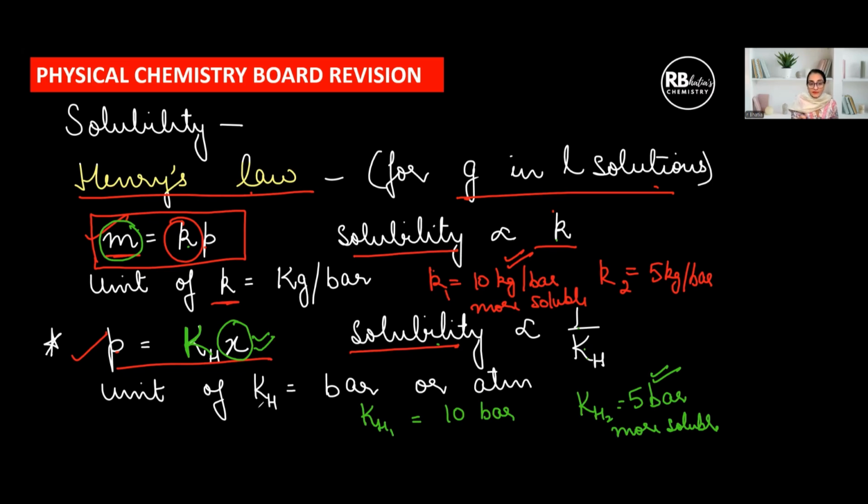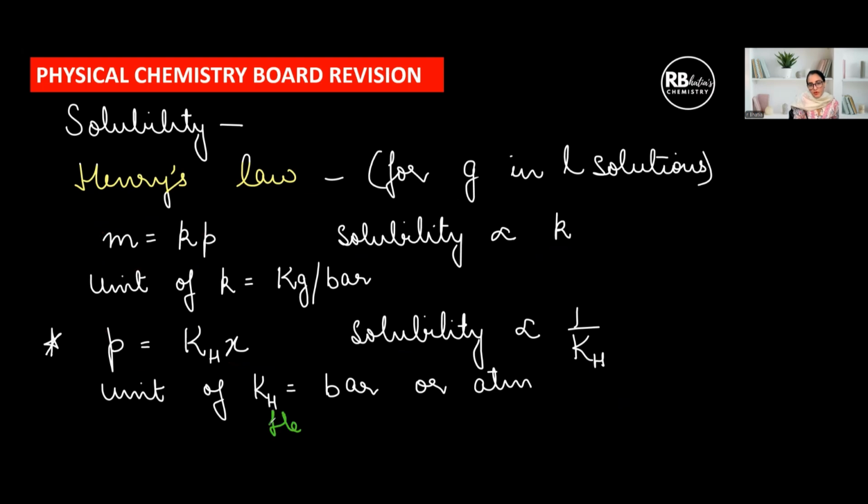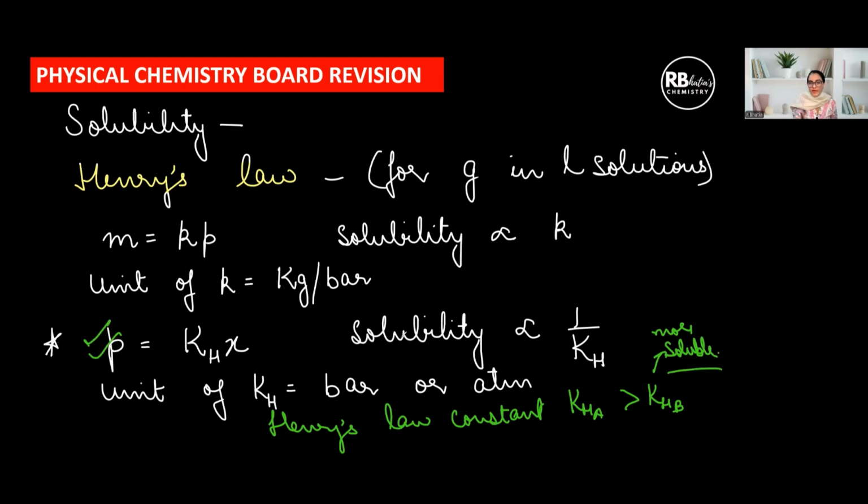And in case nothing is mentioned, if they simply tell you the Henry's law constant, no units, nothing, and say the Henry's law constant of gas A is greater than gas B, then which is more soluble? You will say this one is more soluble. Why? Because by convention, unspoken, we assume this formula and we assume that solubility is inversely proportional to KH.